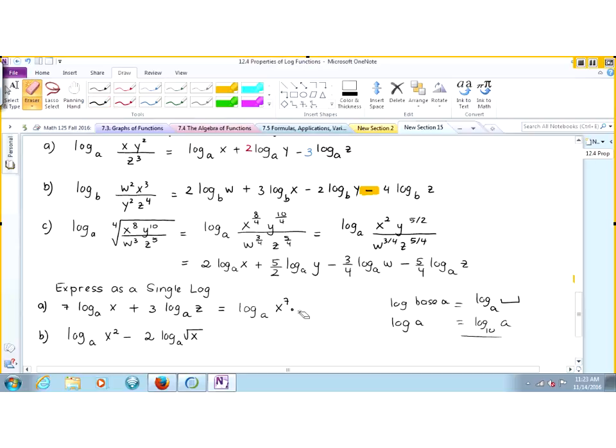Okay. Times, or actually if you want, you can write this down, this is optional, plus log base A of z cubed, right? Now you have sum of logs, then we have log of product. I think this is a good note here.